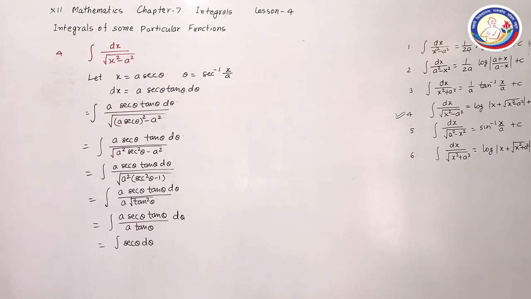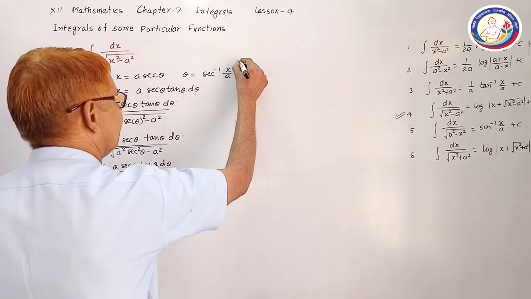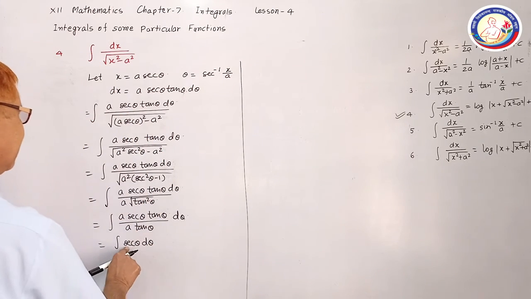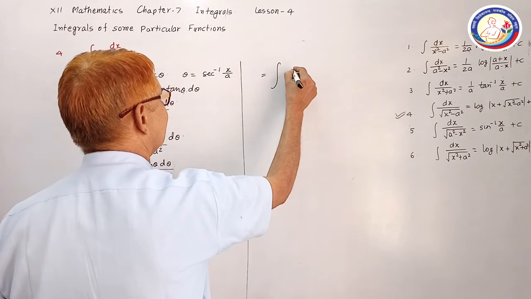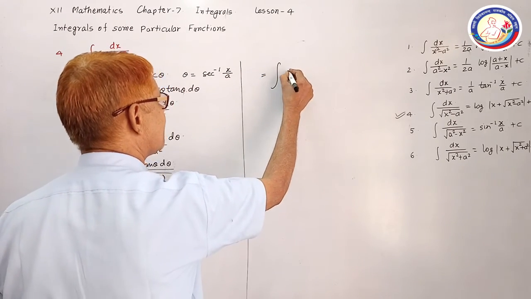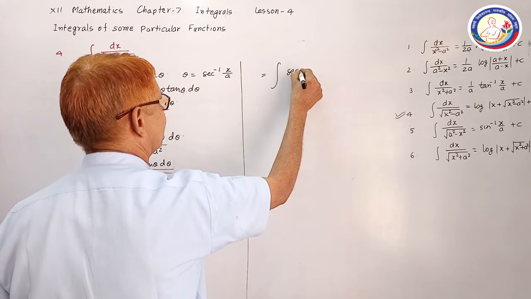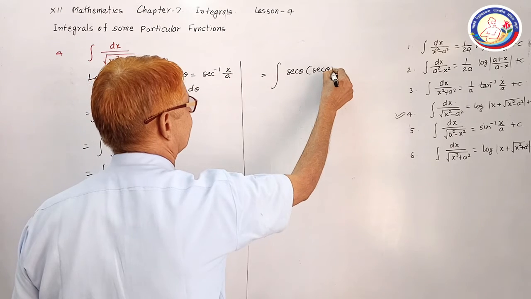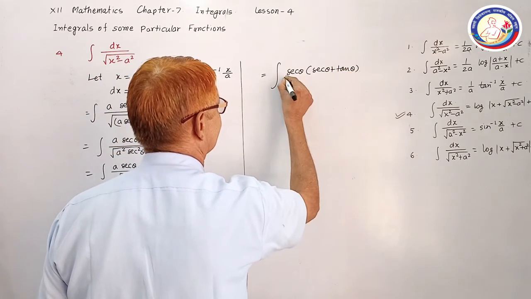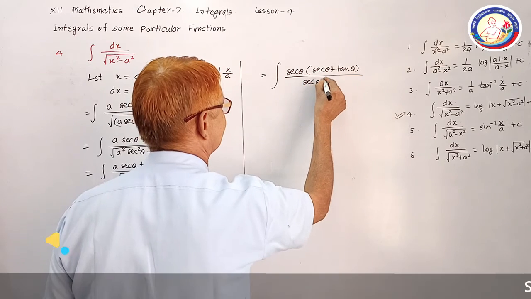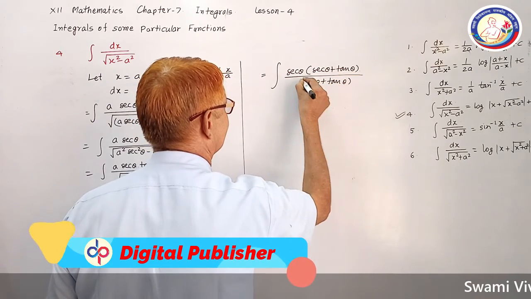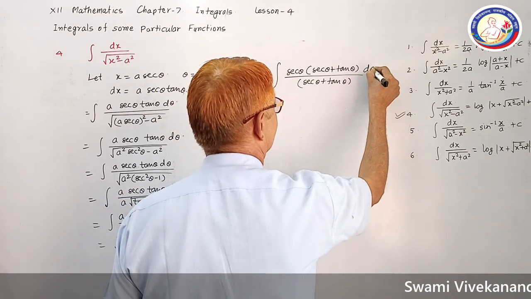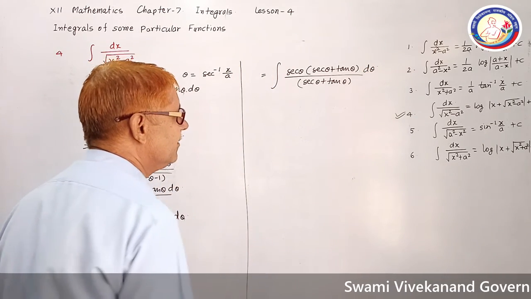Now how to find integral of sec theta? If we write it 1 upon cos theta, it will make no use. So we use a trick here. We multiply numerator and denominator both by sec theta plus tan theta. Why we did so?